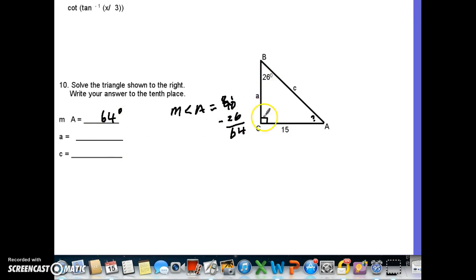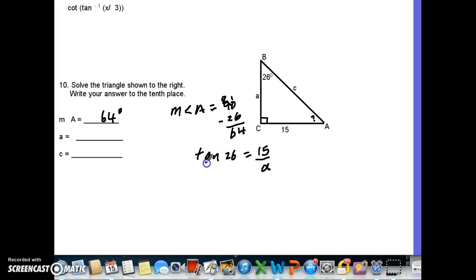And then how about side length A? We can find that by relating this angle, say, to this side length, and also relating it to the opposite. So we can say tan of 26 is equal to 15 over A. And that way we can find A. So let's go ahead and do that. Tan 26 equals 15 over A. Once we know two of the three, we got 1, 2, 3 items here, once we know 2, we can find the missing one.